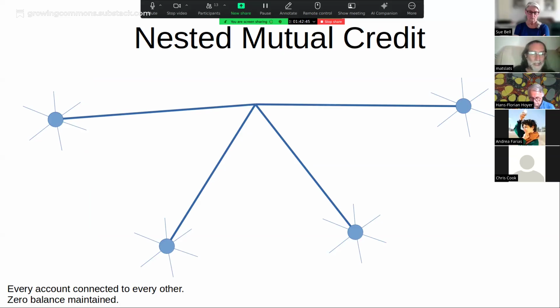So if Alice in Albany buys something from Bob in Brixton, then Alice's balance will go down 10 and Bob's balance will go up 10, but also Albany's balance against the rest of the network will go down 10, and Brixton's balance against the rest of the network will go up 10. And that's what the thick lines are about.